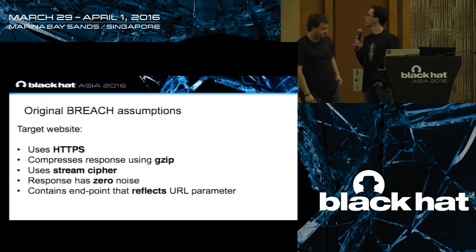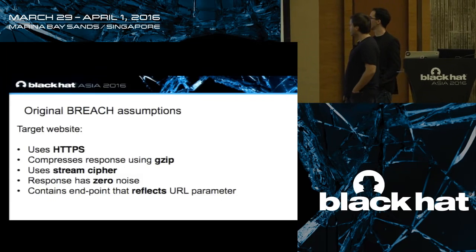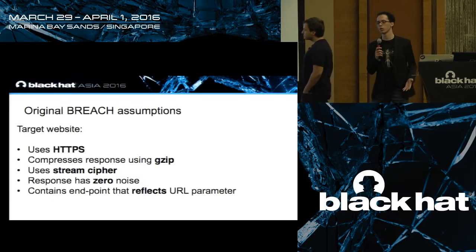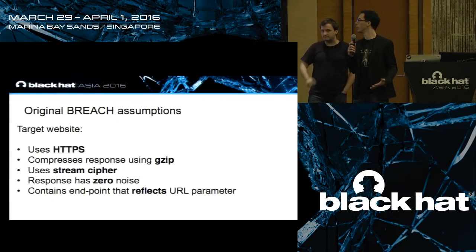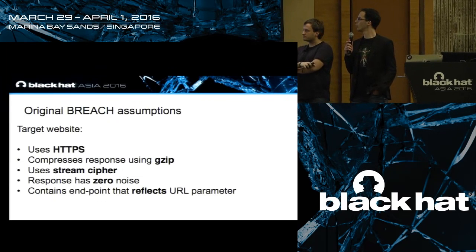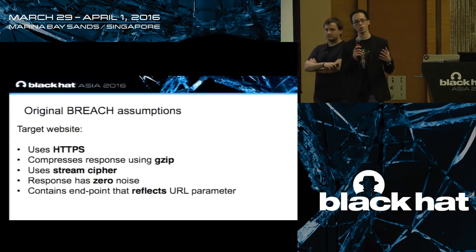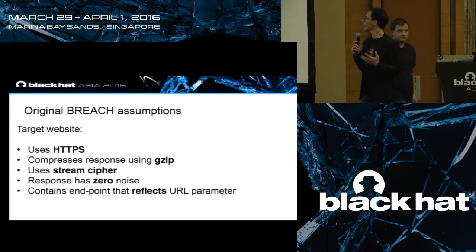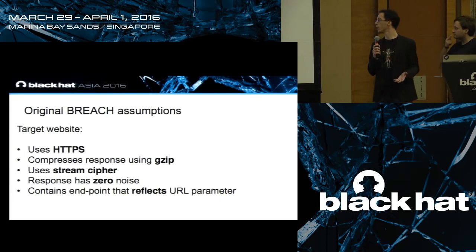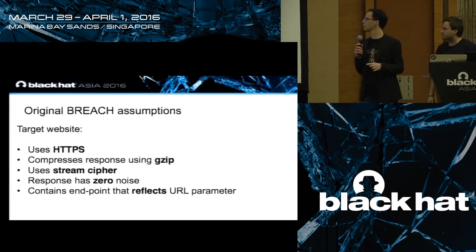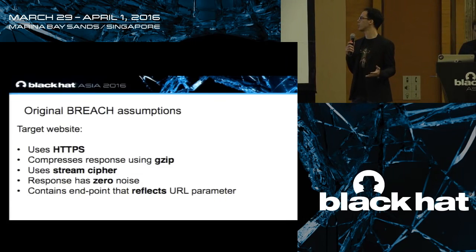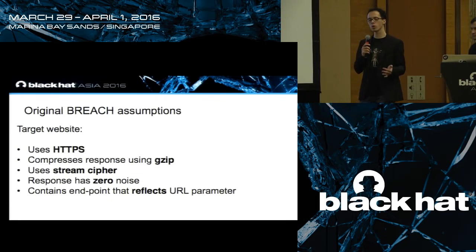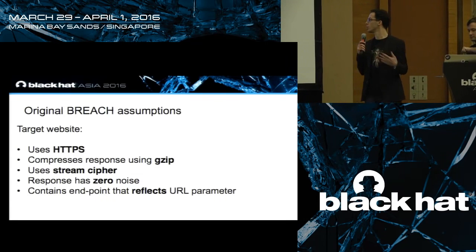Okay. So, the original BREACH presented some assumptions in order for the attack to be performed correctly. We will use some of these assumptions, and we will also relax some others. So, first of all, the target website should use HTTPS. And in this case, we don't mind if it also uses HTTP. The response also should be compressed using gzip.